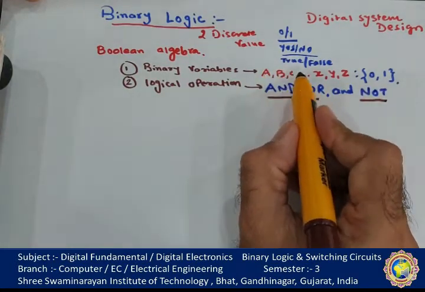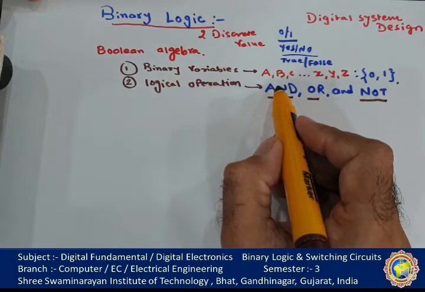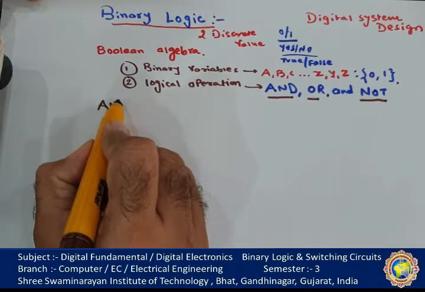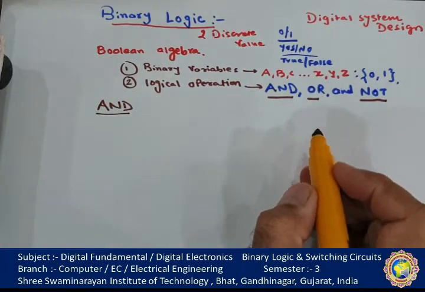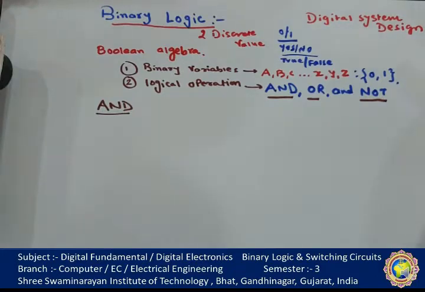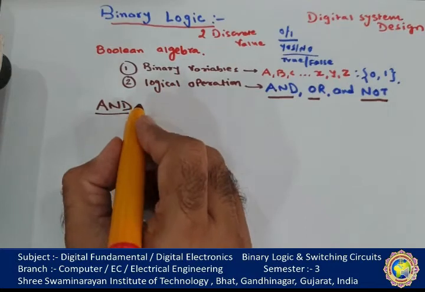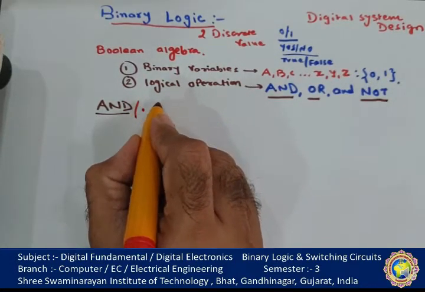Whatever the variables, they are operated on by a logical operation and it generates some result. Today we will discuss AND first. This operation is represented by a dot or in the absence of an operator. So the operators are dot or no operator.